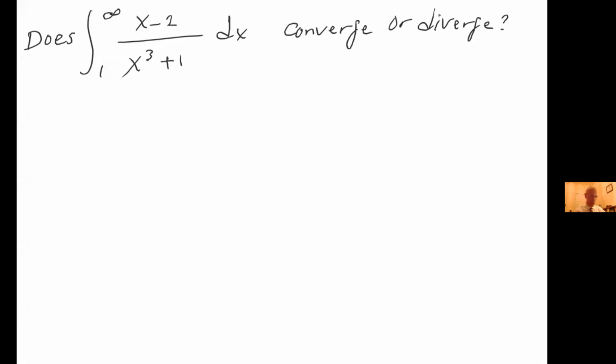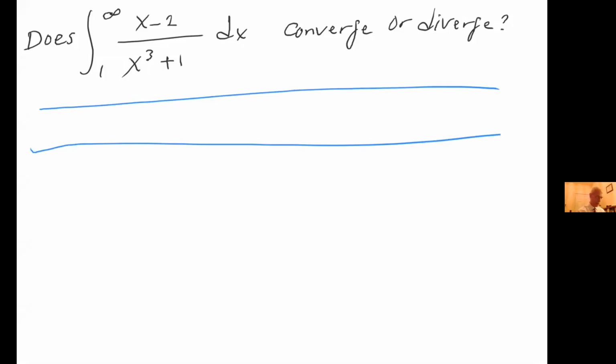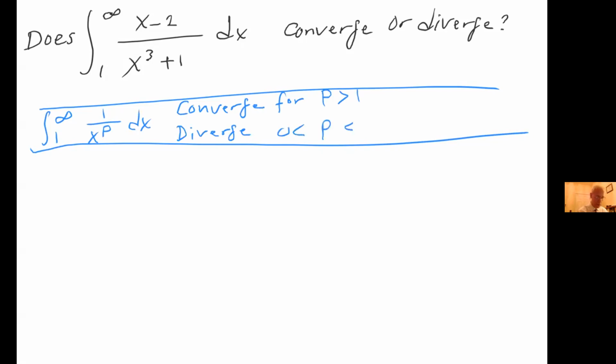We know that the integral from 1 to infinity of 1 over x to some power p, dx, converges for p greater than 1 and diverges if p is greater than 0 and smaller than or equal to 1.